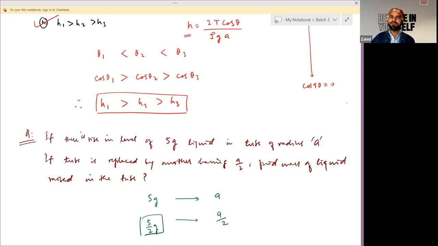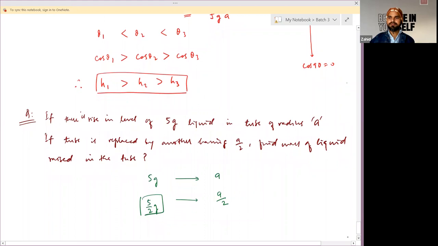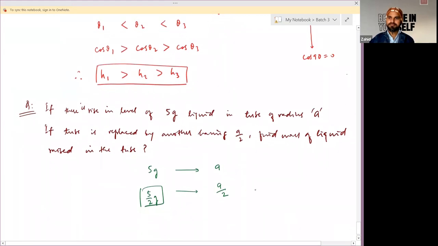Atif, any doubt? Yusuf, is it clear? Yes, sir.